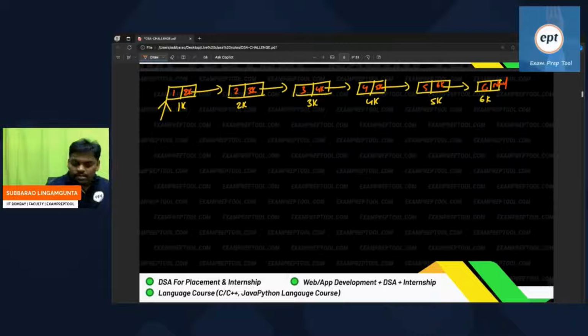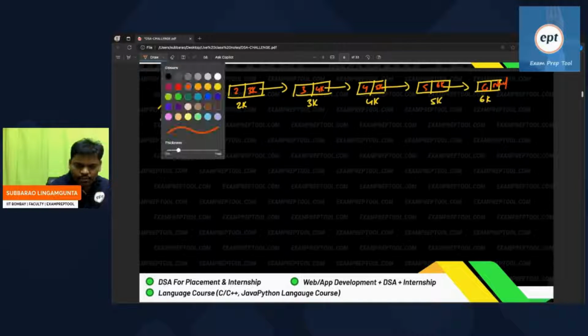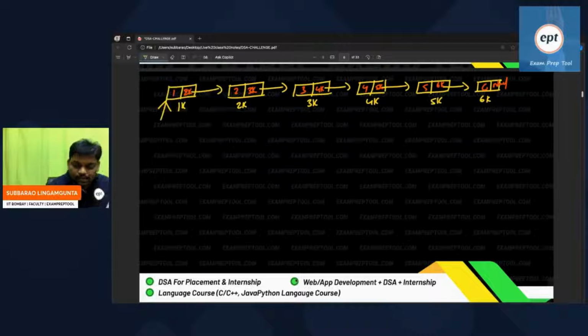Some people are asking, sir, how to reverse? Everyone listen. Let us assume that the first node is the head node.